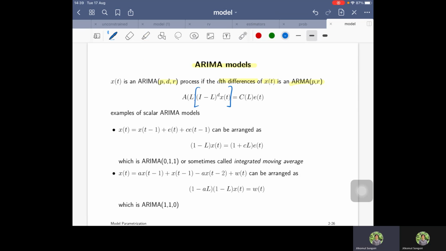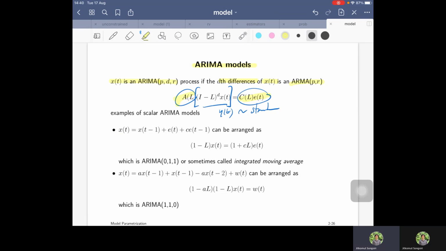The one in the bracket term, what is this? The series yt is obtained by differencing x for d times. Of course, yt becomes stationary, but yt obeys these dynamics that have an autoregressive term and a moving average term. So yt is an ARMA process, and that's what we call x is an ARIMA process.